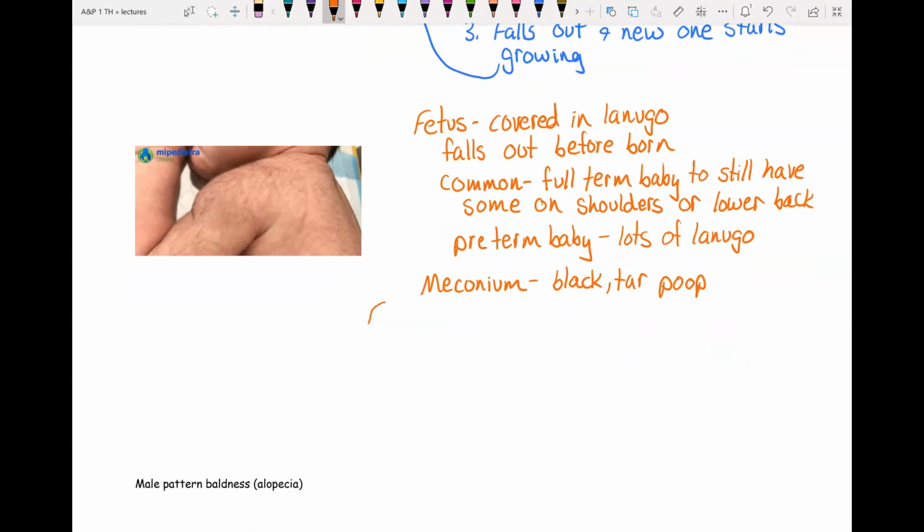The reason they have this poop the first few days is from the lanugo. So a fetus is floating around in the amniotic fluid. The fetus drinks the amniotic fluid. Shortly before they're born, the lanugo falls out.